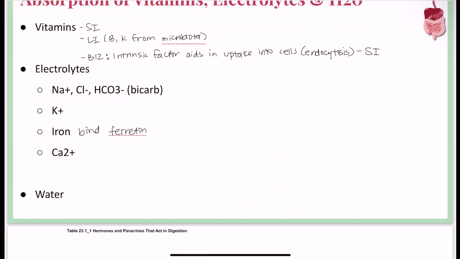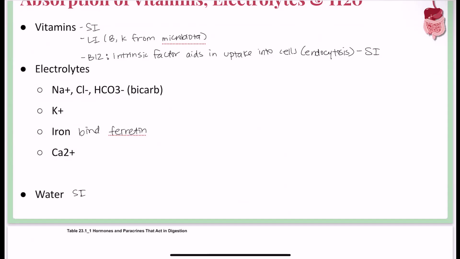Calcium is absorbed or not absorbed depending on blood calcium levels. So we know that PTH plays a role, parathyroid hormone. The active form of vitamin D, though, does help with calcium absorption. Okay, and then lastly is water. Water gets absorbed a lot in the small intestine.